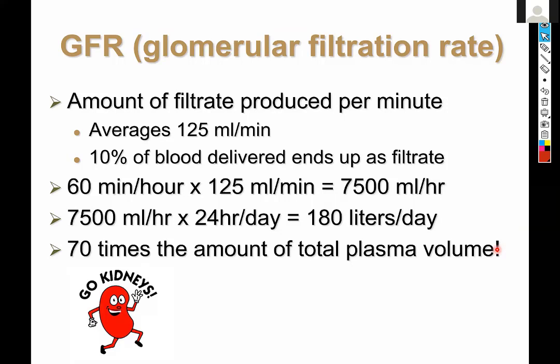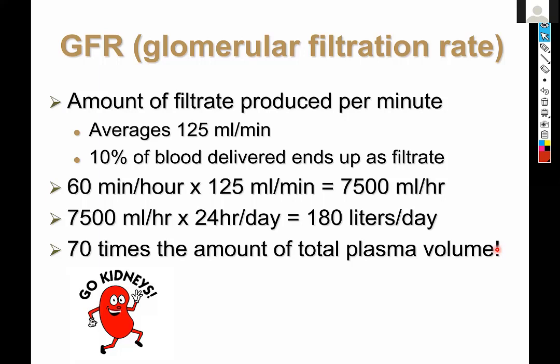And that's because you need to constantly be filtering wastes out of your blood. So we talk about this as the amount of filtrate produced per minute, and this is about 125 milliliters per minute. So about 10% of the volume of blood that arrives at a kidney ends up as filtrate.